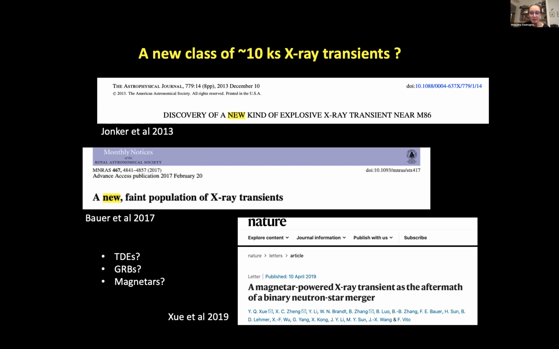There have been several papers in the last decades reporting the discovery of such objects and claiming they could be part of a new class of objects. And possible explanations include the disruption of a white dwarf by an intermediate mass black hole, off-axis GRBs, and in this Nature paper from 2019, it's been proposed that the latest instance of this object could be the signature of a magnetar resulting from a binary neutron star merger.